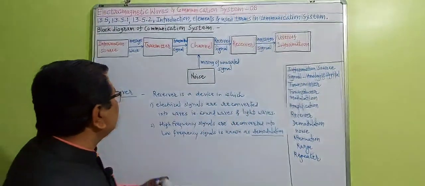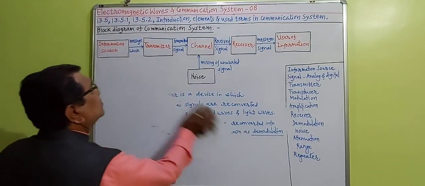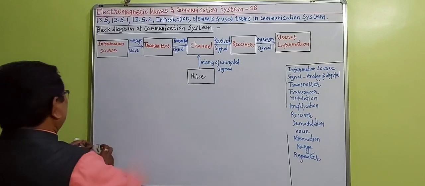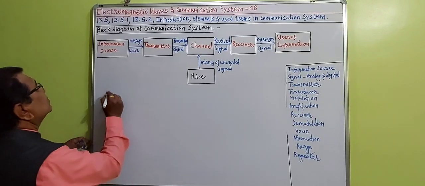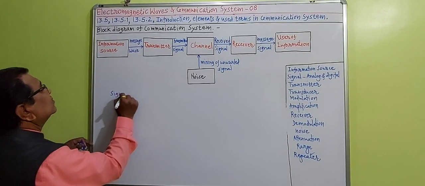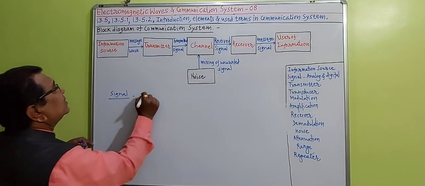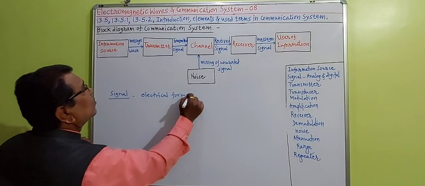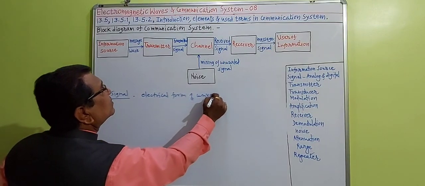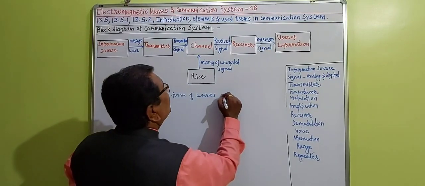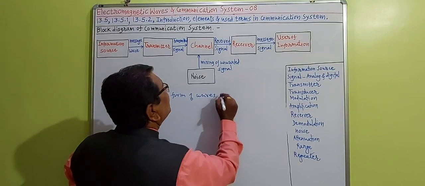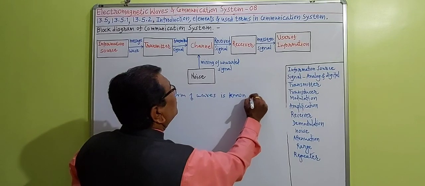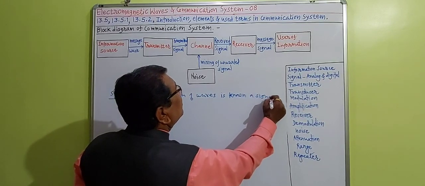I will clean the board first and then write the definition of signal. Signal. What is signal? Electrical form of waves is known as a signal.